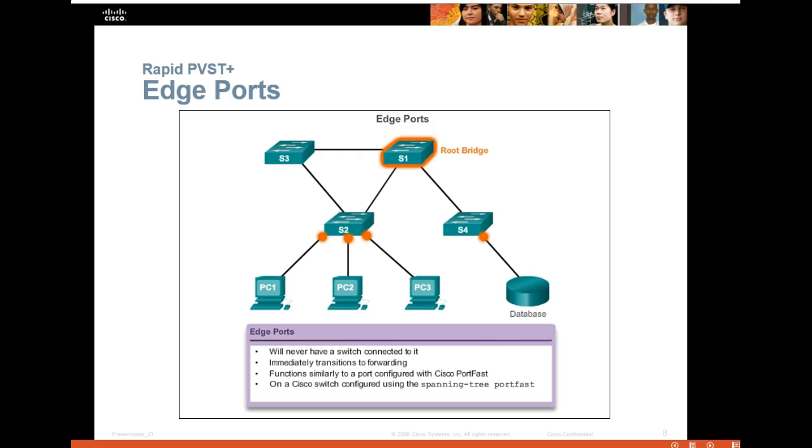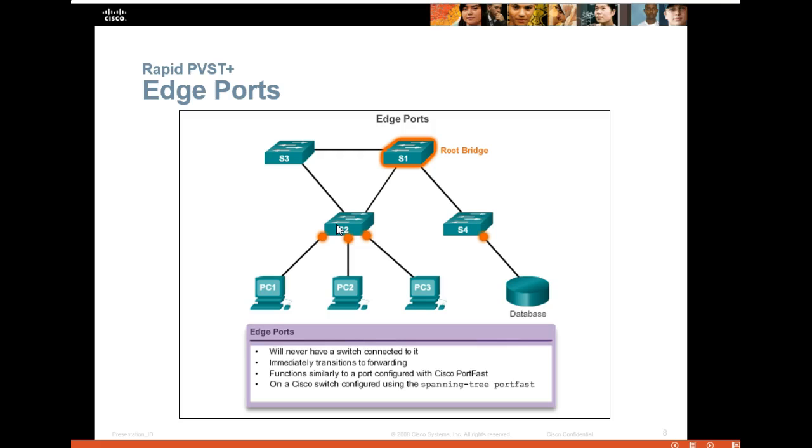Now, edge ports. When we talk edge ports, it's because we're never going to have a switch attached to them. An edge port would be something like switch 2 here in this diagram. Switch 2 is an edge port because PCs 1, 2, and 3 are connected to it. If no switch is ever going to be attached, then there's no need for spanning tree to be working.